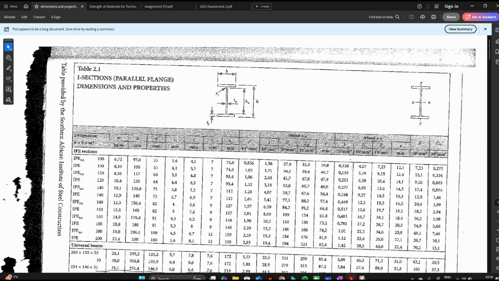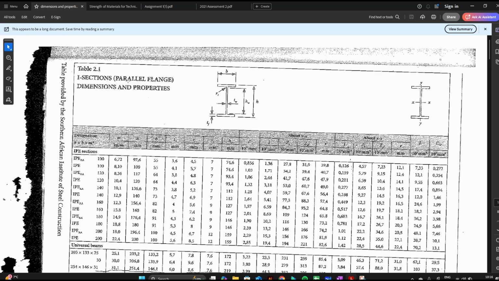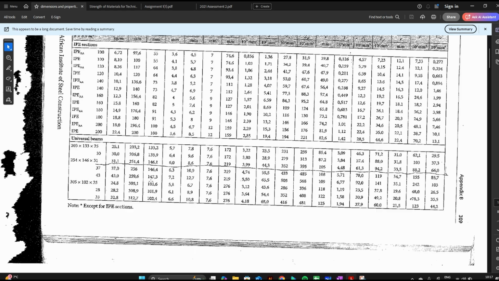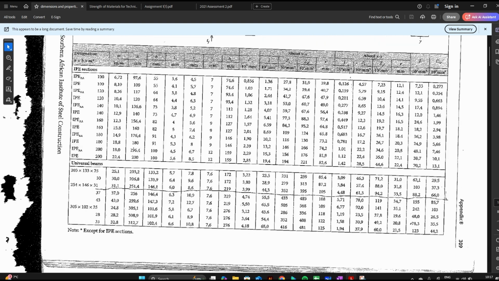Let's see for our parallel flange. So we're given a 254 by 146 by 37. Our height is this one, which is 256. Our breadth is 146.4.